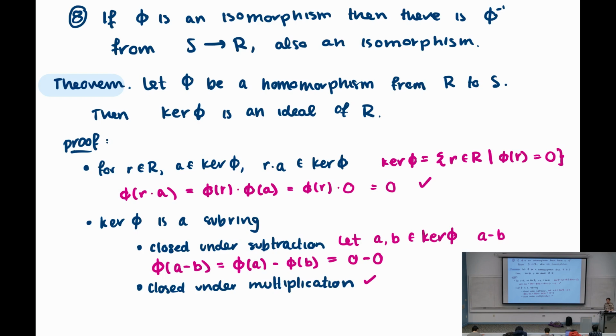So this is 0 minus 0, which is 0. So that shows that A minus B is in the kernel of phi as well. Okay, are there questions about this?